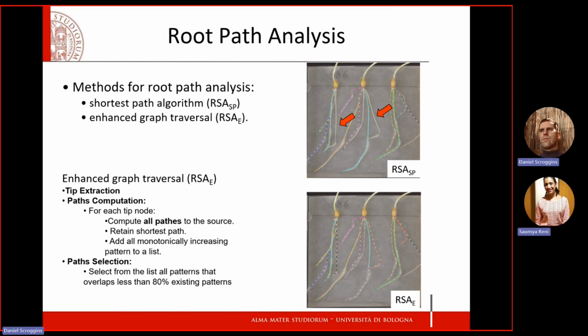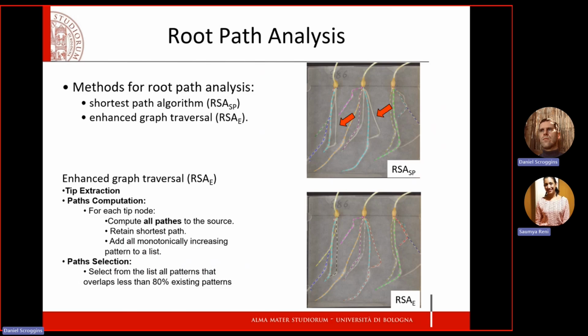The shortest path is directly inserted as a solution. From all the other paths, we select only those that grow monotonically versus the seed, and insert those paths into a list for a second evaluation.